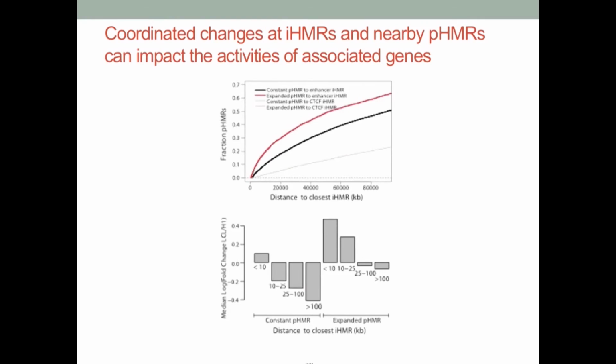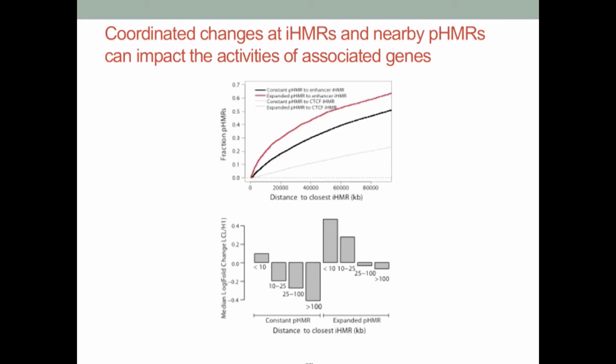Now, I should mention a specific caveat: we're making one assumption, that the target of the enhancer is always the nearest gene, which isn't always the case.